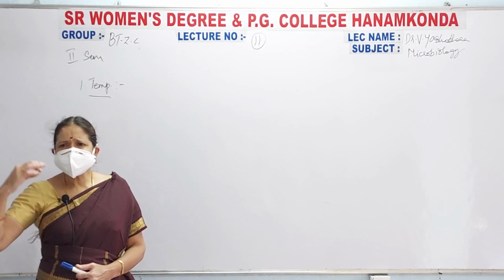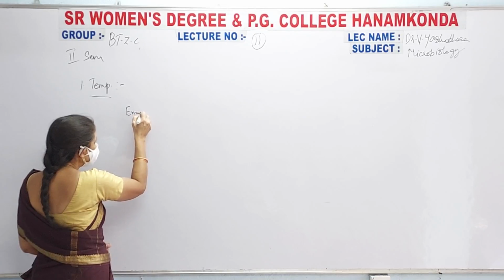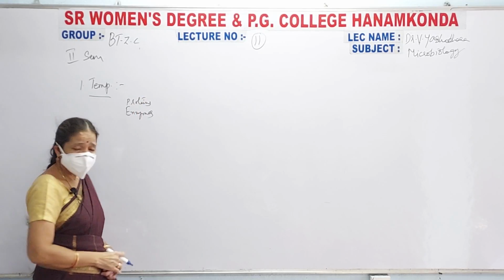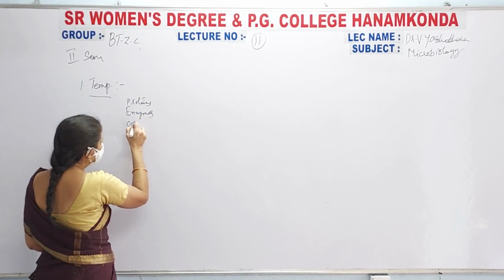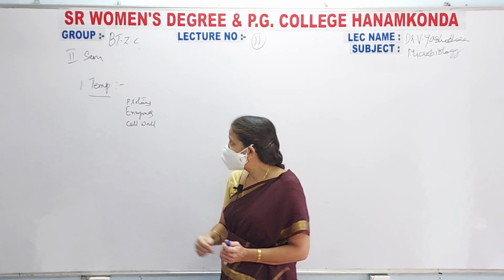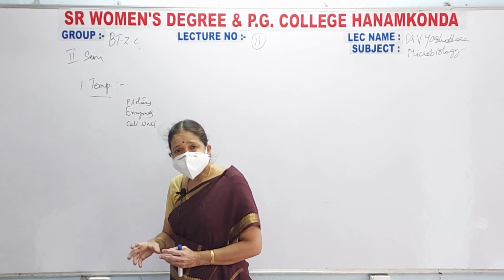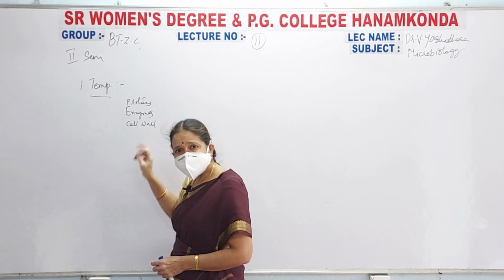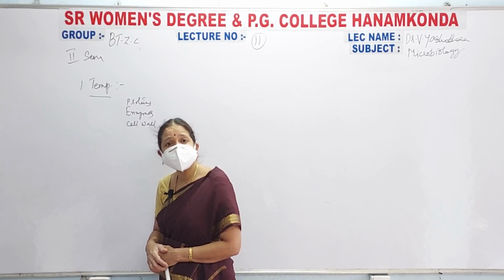See here, at very high temperatures, the proteins, enzymes and cell wall components of microorganisms all get damaged. There is denaturation, disintegration or damage of proteins, enzymes and cell wall components, so that the bacterial cell will die.